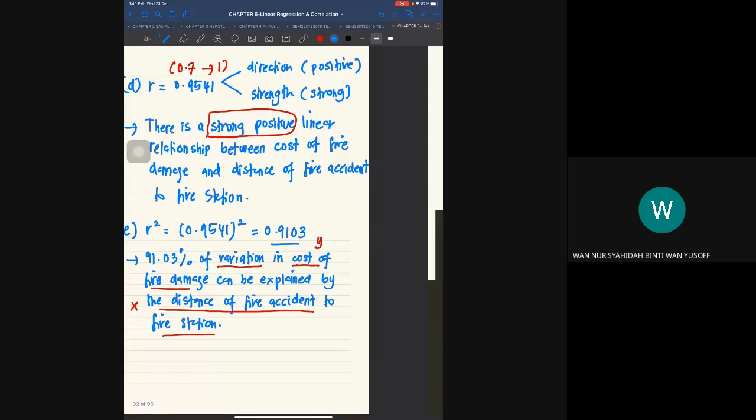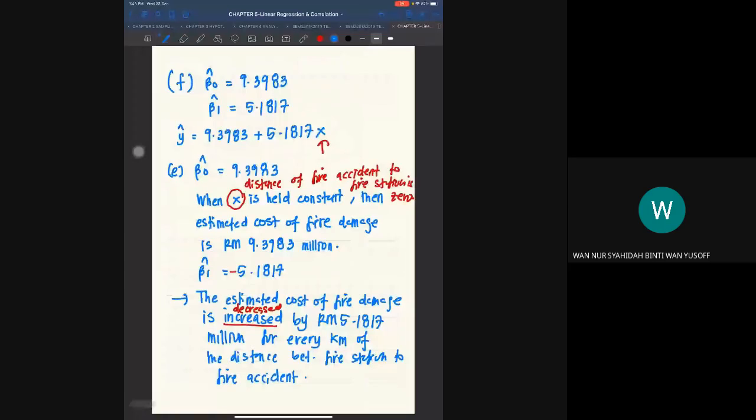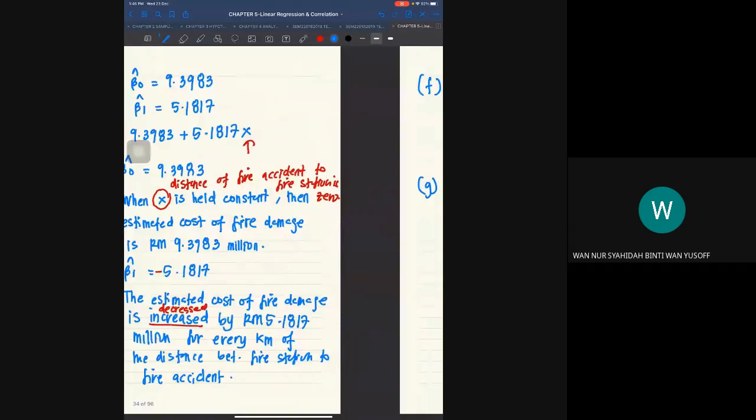No, we cannot. Why? Because of different population. Pahang and Johor are different populations. So back to the guideline just now, the guideline of using the regression. Any questions so far?